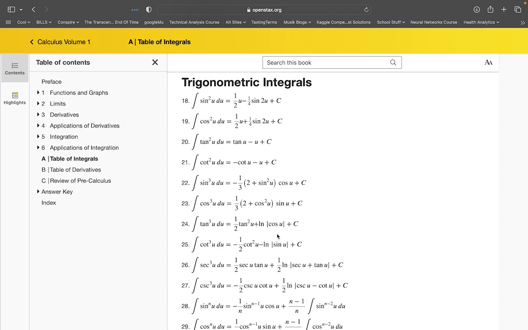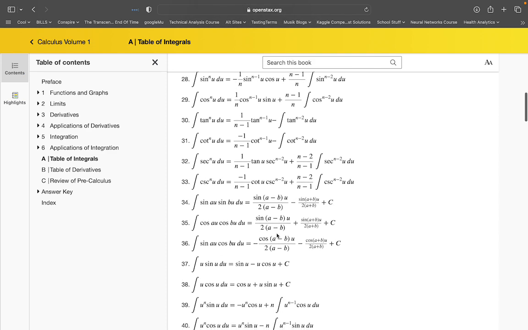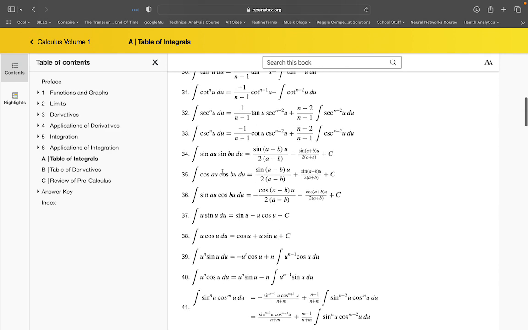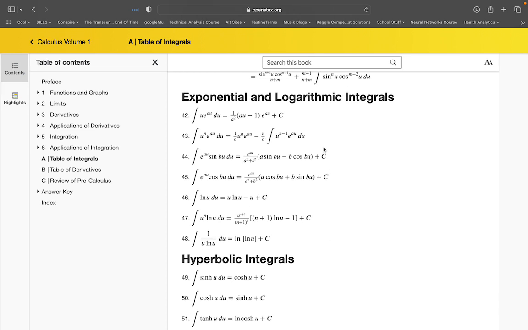But as you can see, this is a much more comprehensive list of integrals that can be identified using these tables. Here are some additional ones that we haven't necessarily come across, some exponential and logarithmic integrals. You can notice everything is a's and u's, so hopefully this will coalesce well with the integration techniques we've used thus far.